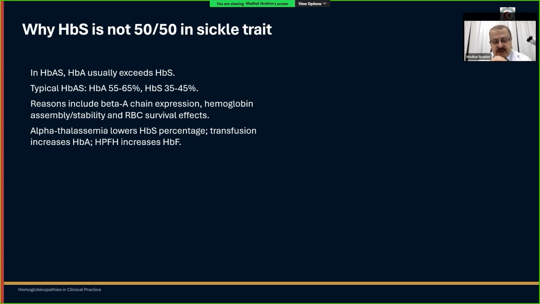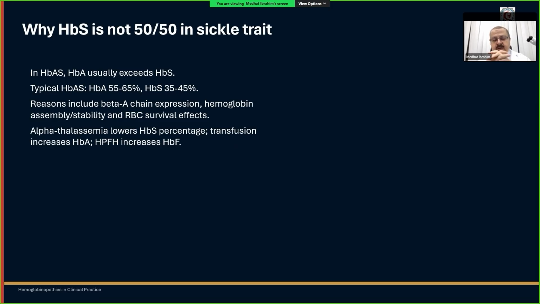It never happens like that. It's always 50 to 65% hemoglobin A and 30 to 45% hemoglobin S, and this is very important in the interpretation.